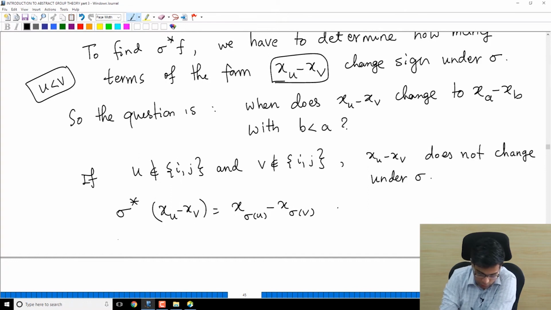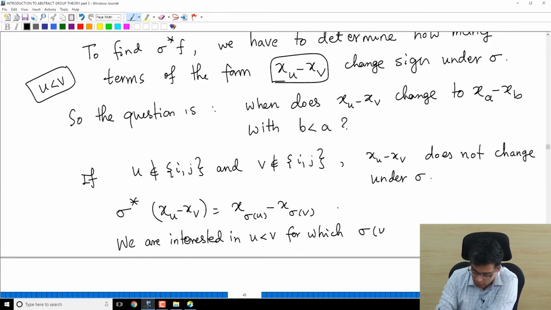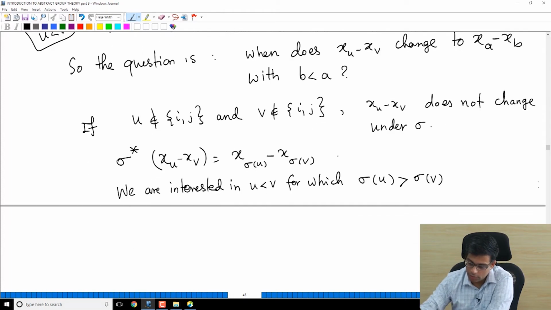So we are interested in when sigma(u) becomes strictly more than sigma(v), the first index strictly bigger than the second index.